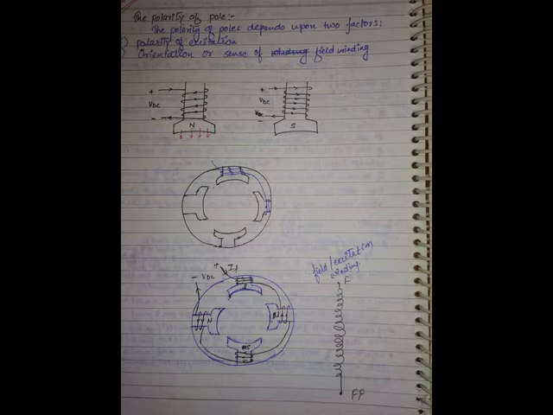It is in the range between 1.5 to 2.5, depending on the material you are using. Since we are using silicon steel, silicon is generally preferred in all the core preparations. Silicon has a hysteresis coefficient value of 1.6. That's why you are keeping 1.6.